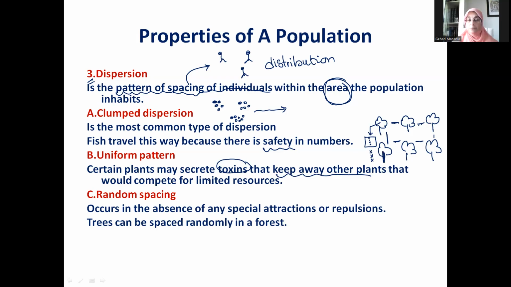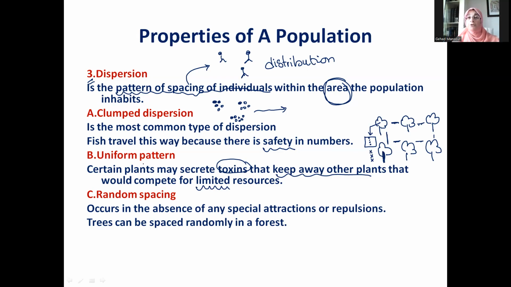And subhanallah, these are types of adaptation of plants when there are limited resources. So when the plants grow in soils or environments where there are limited resources, they try as much as they can to avoid competition by secreting toxins that diffuse to a certain space. And in all this area where the toxin has diffused, no plant can grow.